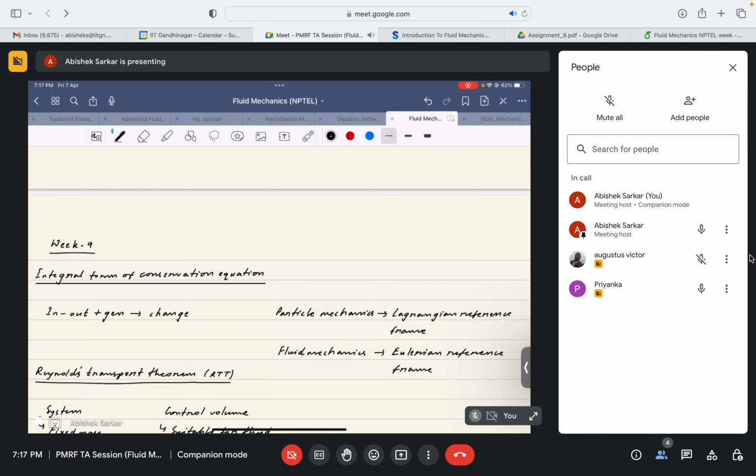Okay, yeah, you're right. The control volume approach in many cases helps us do a simple formulation of the same problem.